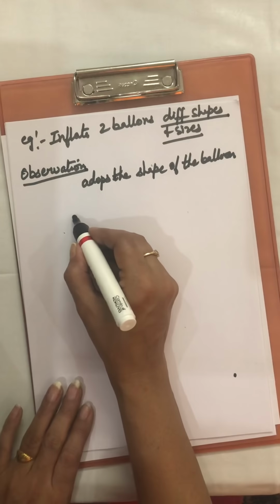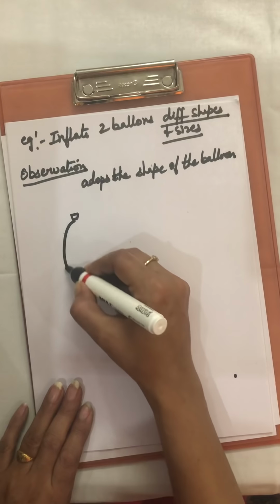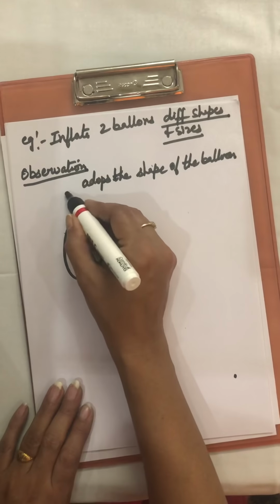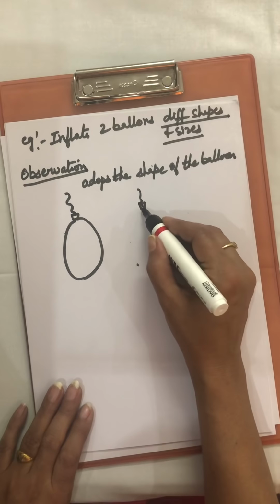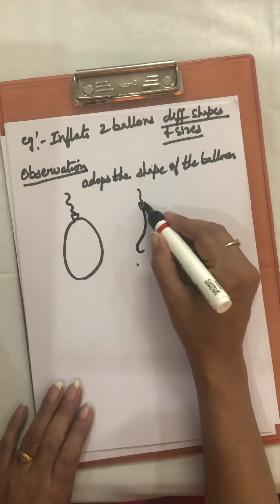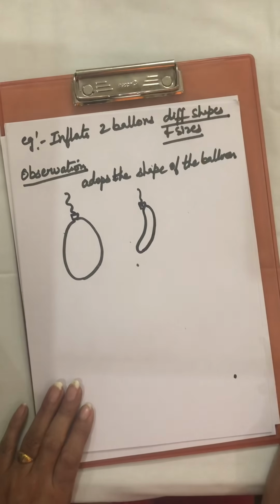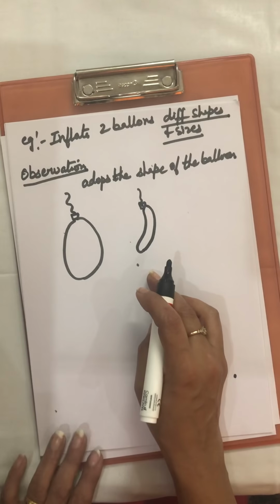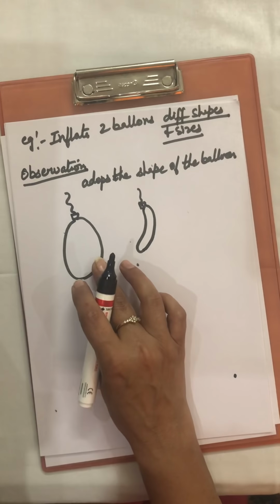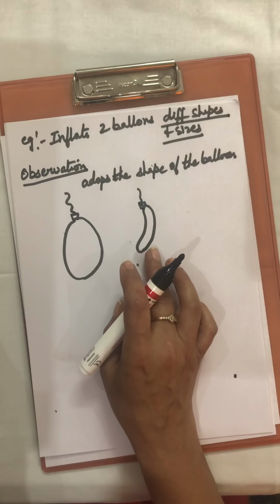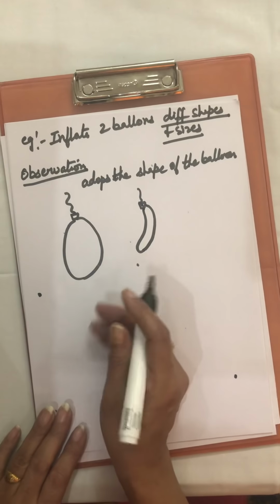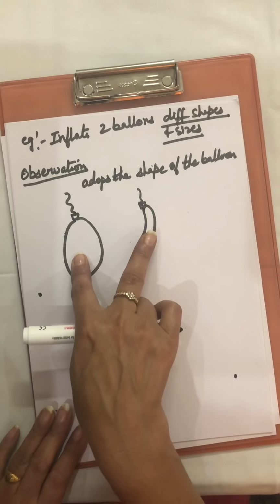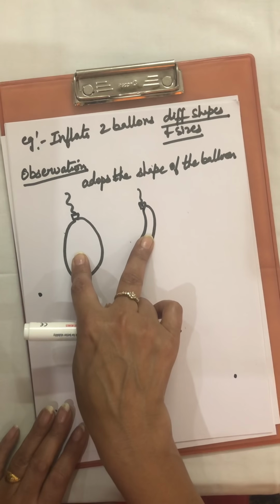For example, we take one balloon of this oval shape and another of banana shape. Their sizes and shapes are different, but almost equal amounts of air are blown inside. So the gas takes up the shape of the balloons in which we have filled it.